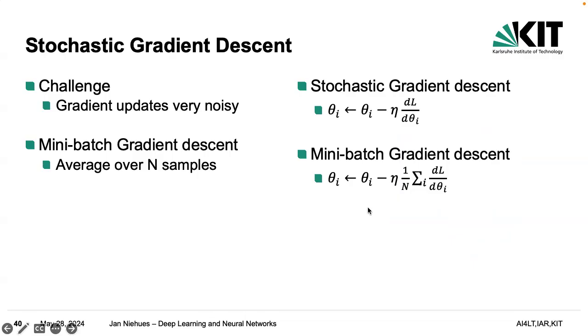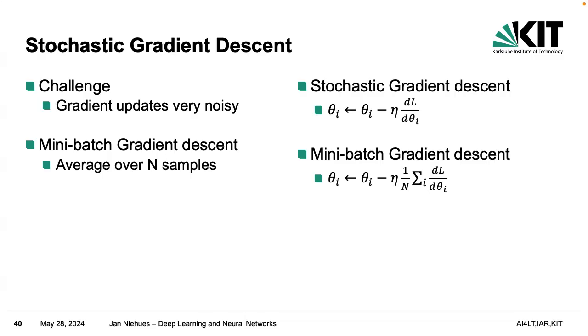So the hope is, and that's exactly as motivated before, if you have gradients which show in different directions, it might be good, the wisdom of the crowd, that the average of them is a decent direction, and therefore we're averaging the gradients and then going into the direction of the average of that.